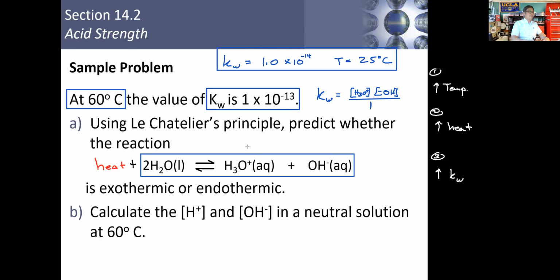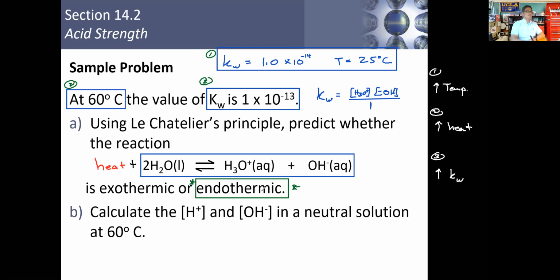Based simply on that, folks, all they gave us here was the new Kw at the new temperature. They probably should have given you more, but they're assuming that you know this. So just based on these two pieces of information, new Kw at new temperature, we should be able to come up with the answer as endothermic.